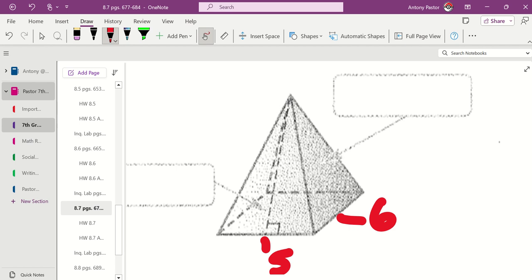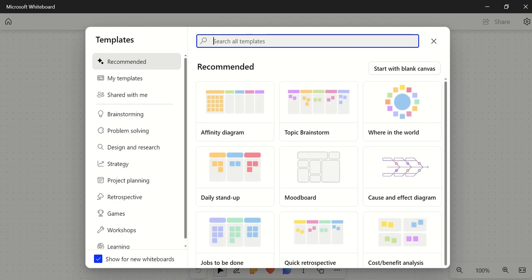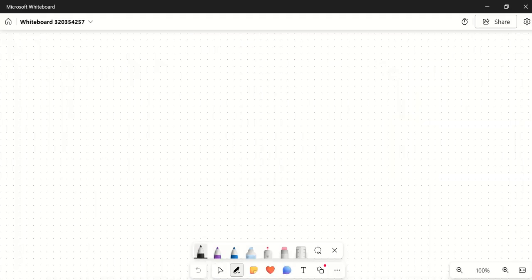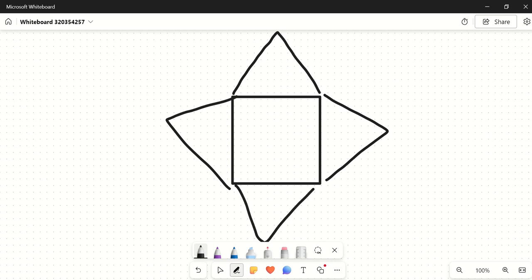Right off the bat, okay? Remember, we have to dissect our pyramid. So I'm going to go ahead and draw my pyramid dissected over here. This is a quadrilateral base, so a rectangle, not exactly a square, but a rectangle. And remember, if I dissect it, each side has a triangle coming off of it to form a pyramid.